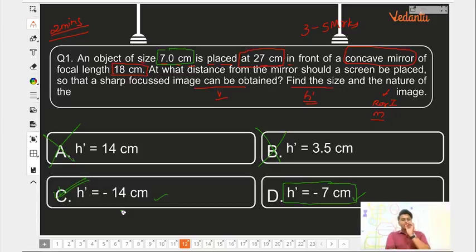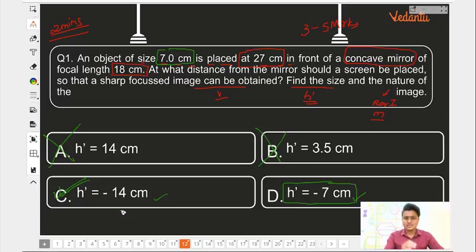So guys, without even touching a single word from the numerical, without doing one calculation, we were able to find out the correct answer within 2 minutes. And the more practice you do, the better you're going to get at it.